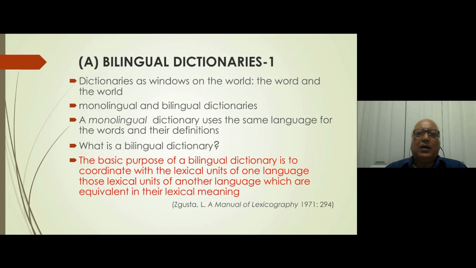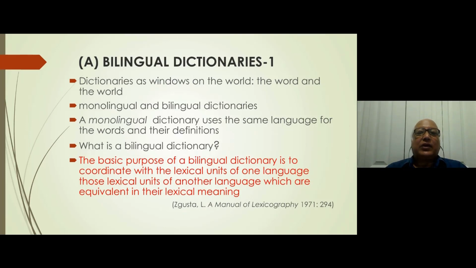So that is the scope of the monolingual dictionary, and it is typically aimed at providing the user and learner of the language with the lexical resources and elaborations on the lexical resources of the language concerned.